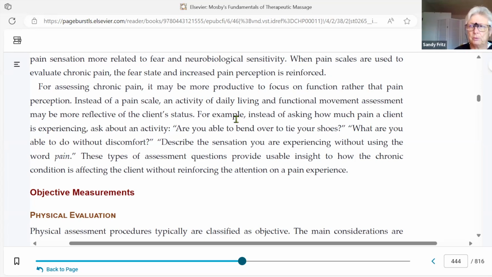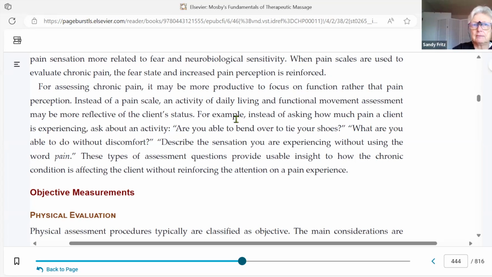I say, so if you were going to describe this without using the word pain, how would you describe it? And then that can actually direct. They'll say, well, it feels stiff and it's kind of stuck here. And that way you can kind of go, okay, this might be a joint specific problem.